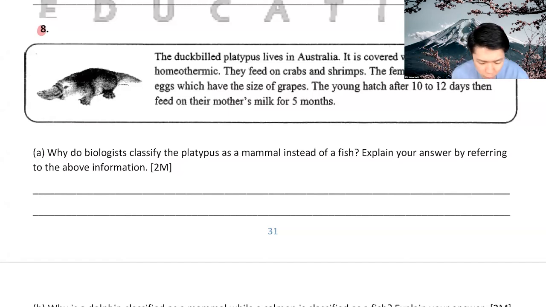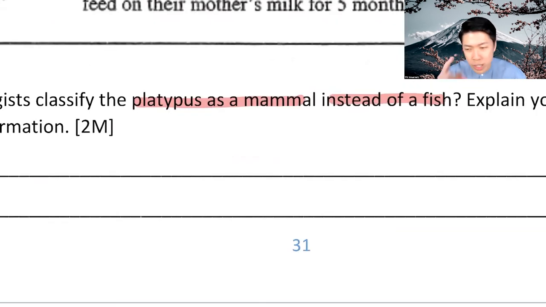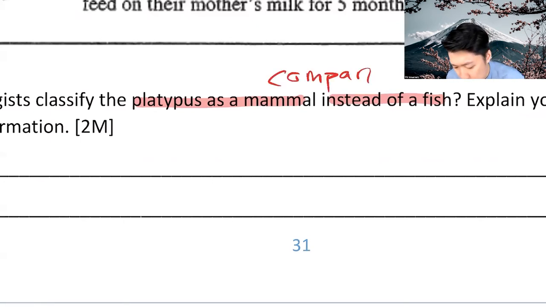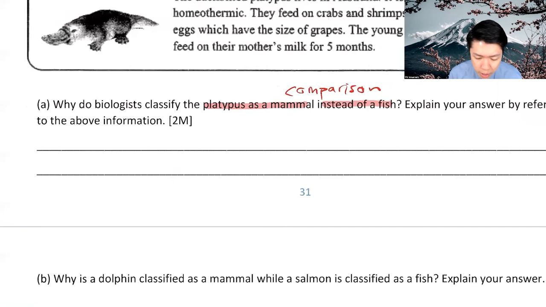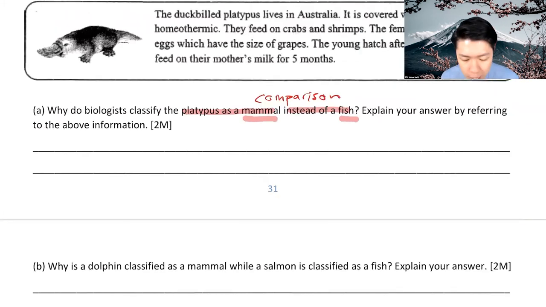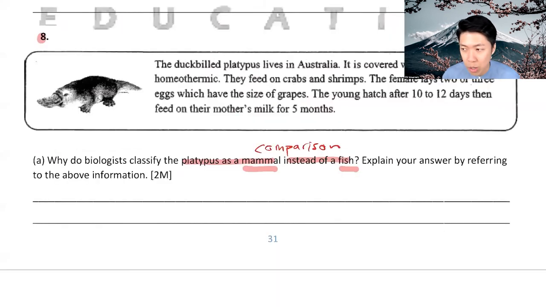Why do biologists classify platypus as mammal instead of fish? Whenever you see questions says instead of fish, this kind of word instead means comparison, okay? You need to compare between mammal and fish. Actually, some of the answers are here above already, so it's free answer, kind of.